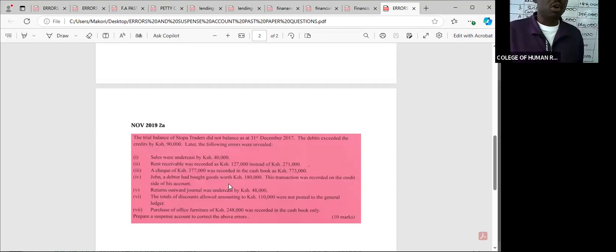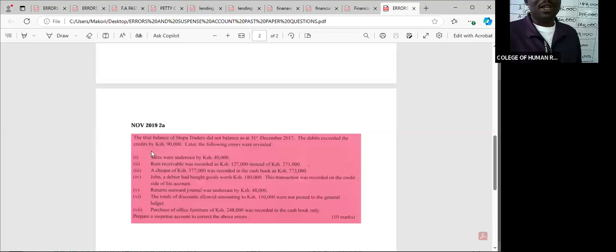That should be the policy. So don't struggle unless you are told that it was recorded on the debit or credit of the suspense account. That one you record as given. But when they tell you that the debits exceeded the credits, just ask yourself which side was having less. That is the side where the balance brought down will go.